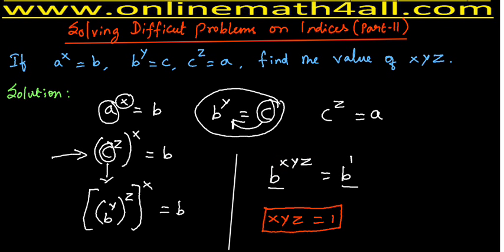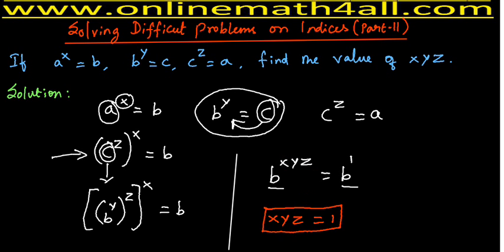And hereafter it's very simple because the two terms are equal, b to the power xyz and b to the power 1. If two terms are equal and the bases are the same, the powers also must be equal. So I equate the powers, xyz equals 1. When I do so, I get the value for xyz.